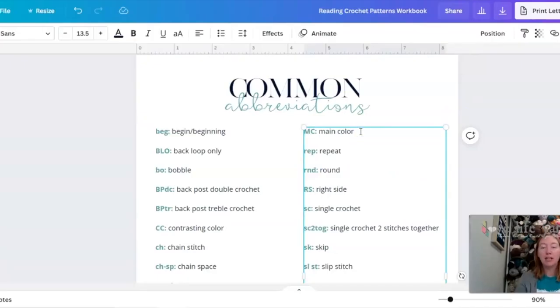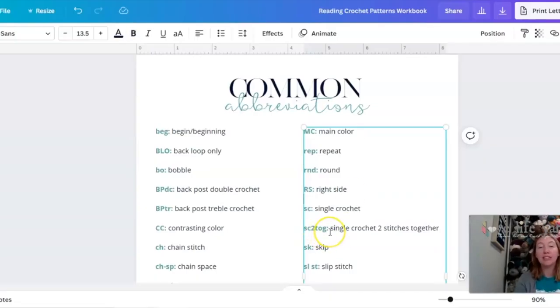And there's our main color, MC. REP stands for repeat, and you may see RPT. Either one, just repeat whatever you're doing. Round is abbreviated RND. Sometimes you'll see it has a right and a wrong side, so it would be RS for right side. SC is single crochet.